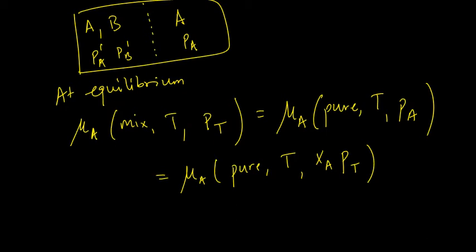And this one I can then write in terms of mu A defined at some standard pressure plus RT log of XA, if I assume these are ideal gases. That is equal to mu A defined at the standard pressure of 1 bar at whatever temperature plus RT log of XA.